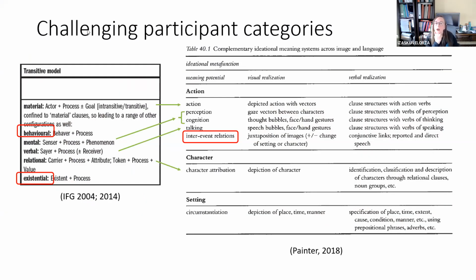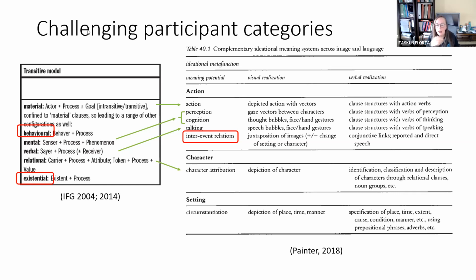So we also have a challenge in the categories that we are considering. Not all scholars consider exactly the same categories when dealing with ideational or experiential meaning on the one hand and representational meaning on the other.